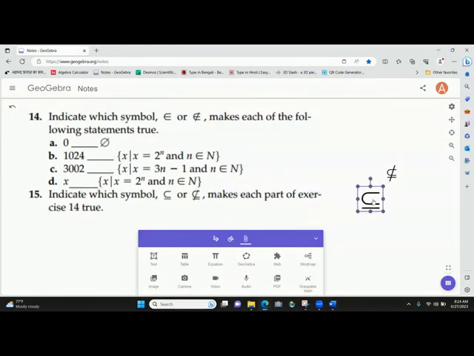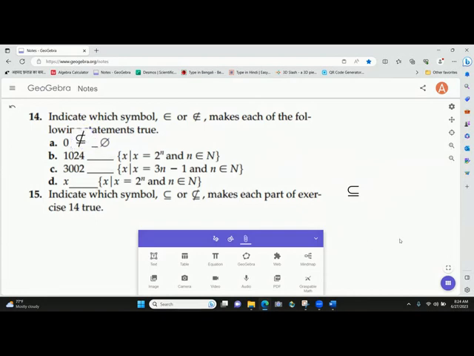Okay. Now, I'm going to answer the same questions, but this time I'm going to put this symbol, which means subset, and this symbol, not subset. Clearly, 0 is not a subset of the empty set because it is not a set at all. It has to be a set in order for it to be a subset.